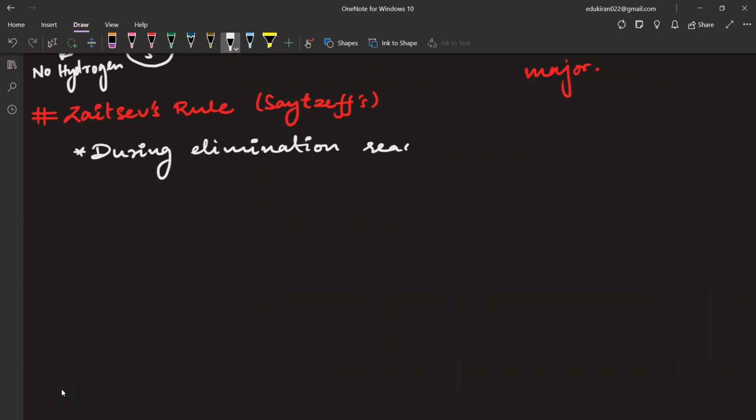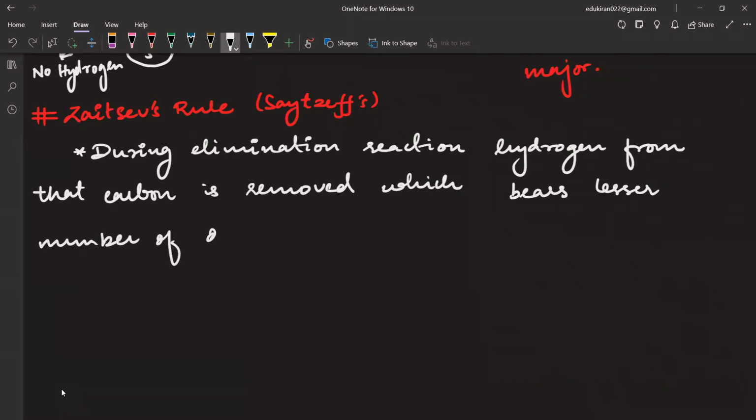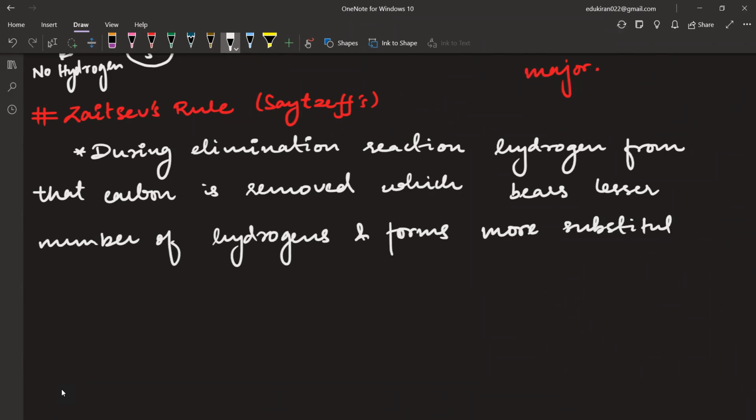During elimination reaction, hydrogen is removed from that carbon which bears a lesser number of hydrogens and forms the more substituted alkene.